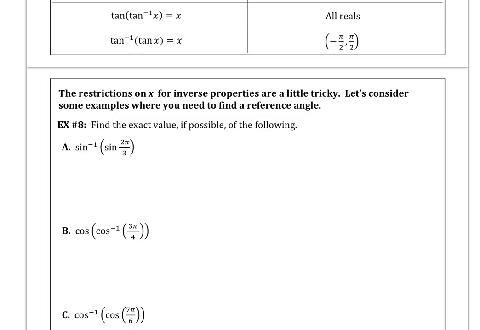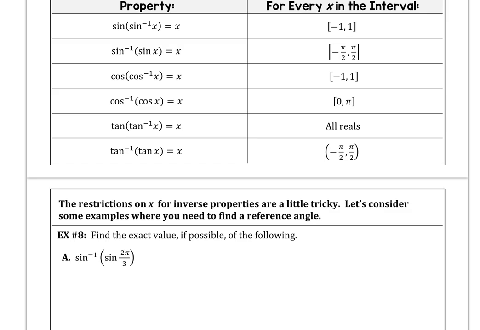Let's find the exact value, if possible, for the sine inverse of the sine of 2π/3. So here's what I want to pay attention to right here. The sine inverse of sine 2π/3 will give us a value if we're inside the interval from -π/2 to +π/2.